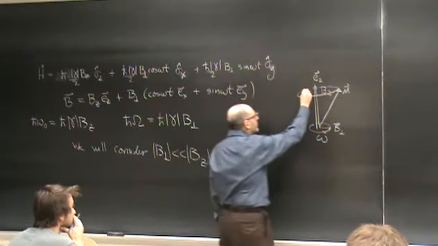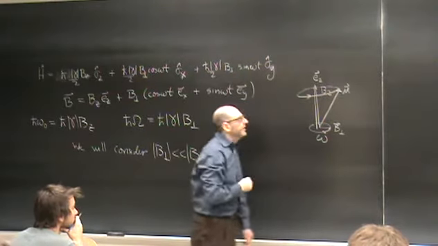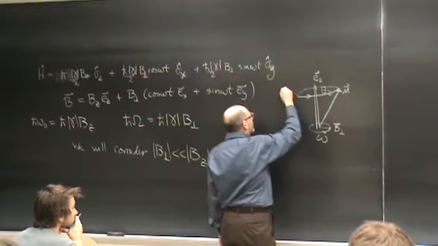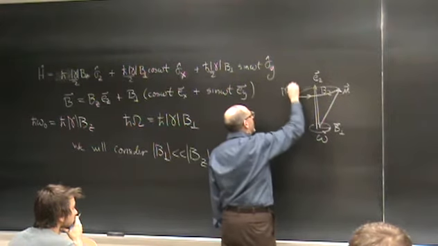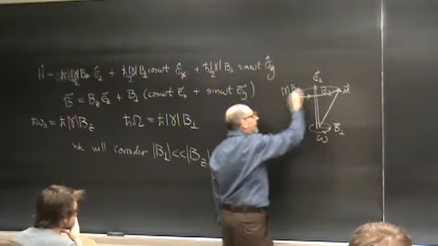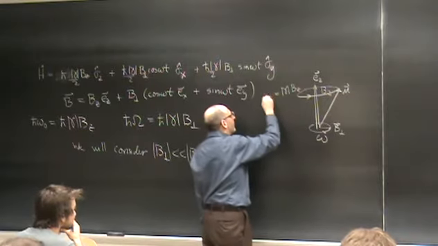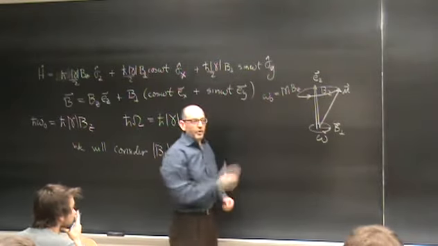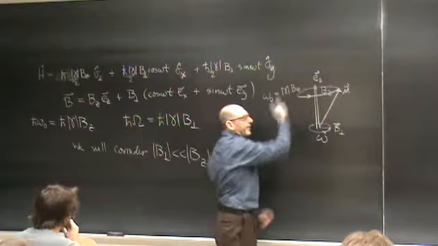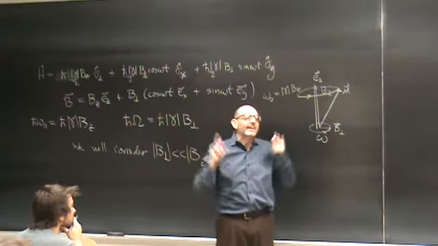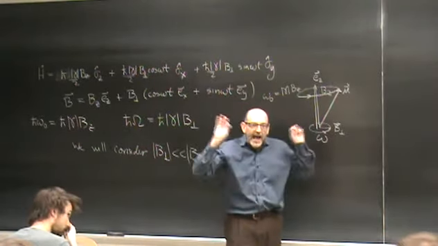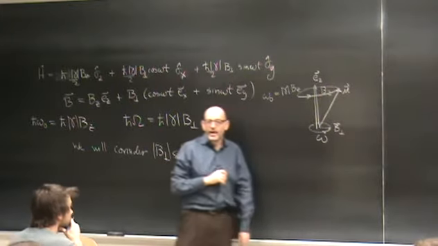And it will Larmor precess at what frequency? At a frequency related to the gyromagnetic ratio times that, which is what we call omega naught. So that is what we might call the free oscillation frequency in the absence of the time-dependent drive.